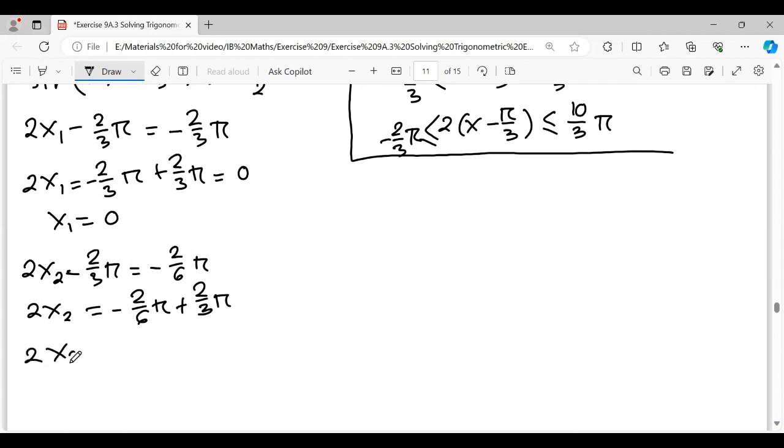So 2x2 equals, this is 4, 4 minus 2, okay, 2 over 6 pi. So x2 equals 2 over 12 pi, 1 over 6 pi.